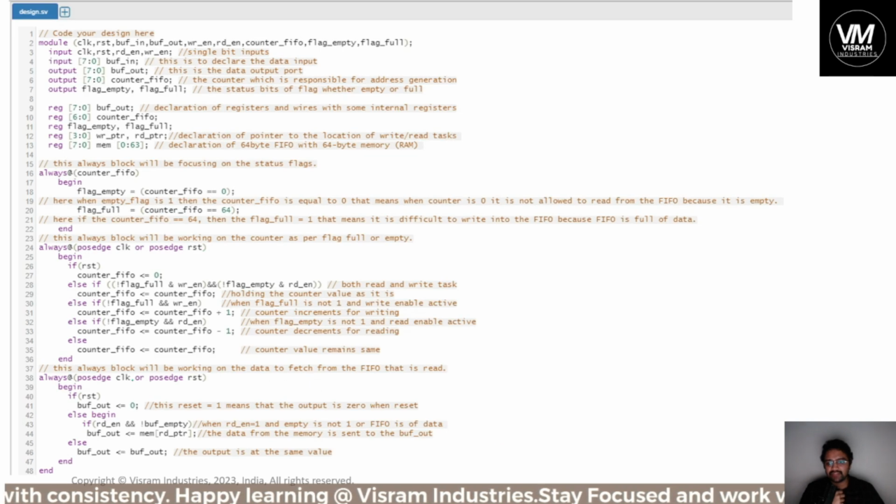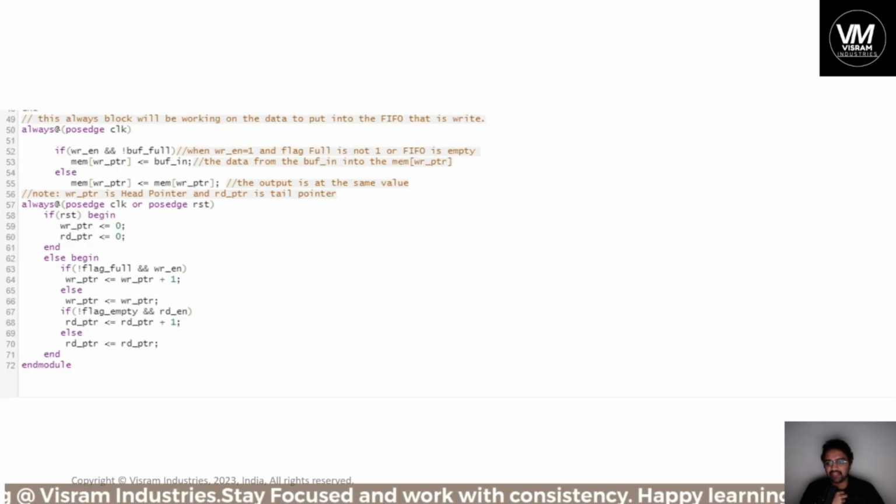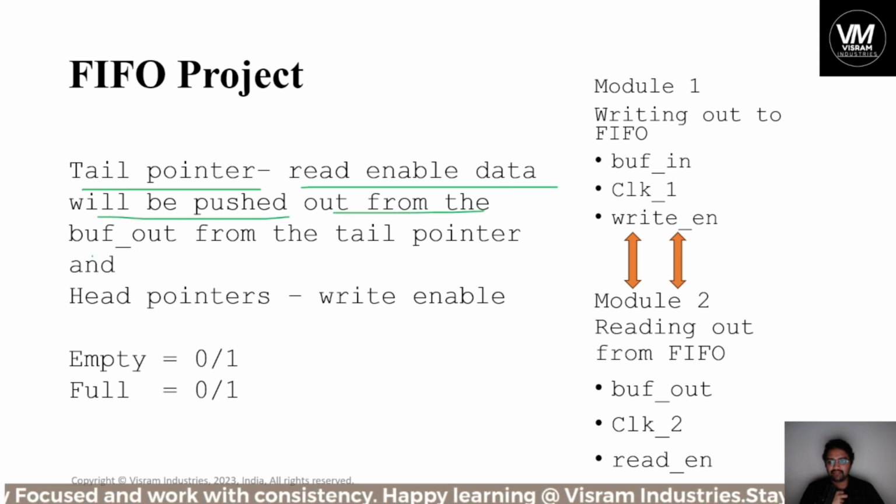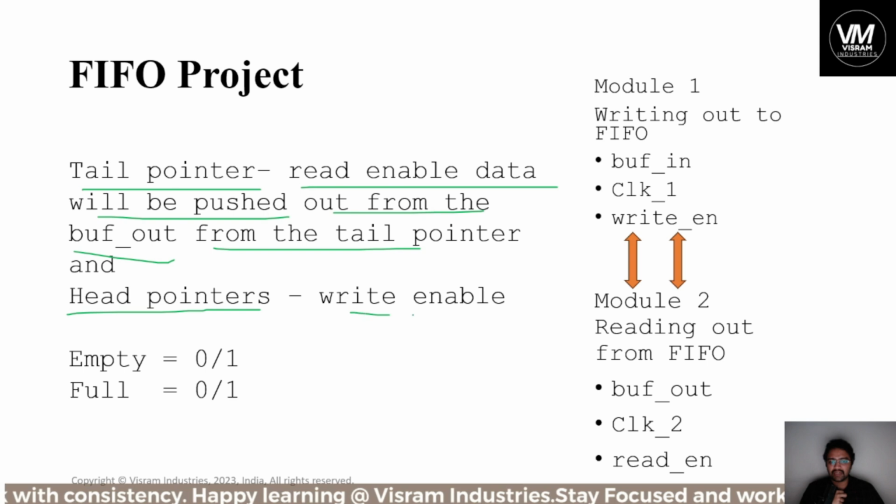Hence you can see this read and write counter FIFO, all these things, in a simple representation I have made from the EDA tools. And then the tail pointer is always read enable, data will be pushed from the buff out from the tail pointer, and the head pointer is write enable. Full and empty can be 0 or 1 logics.